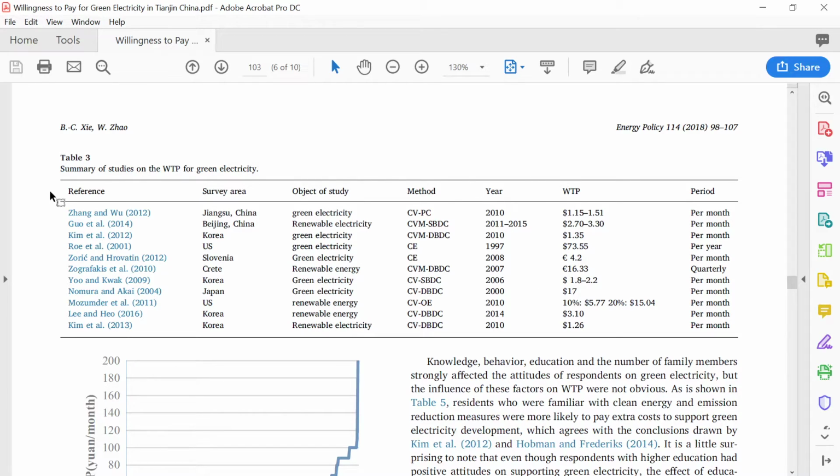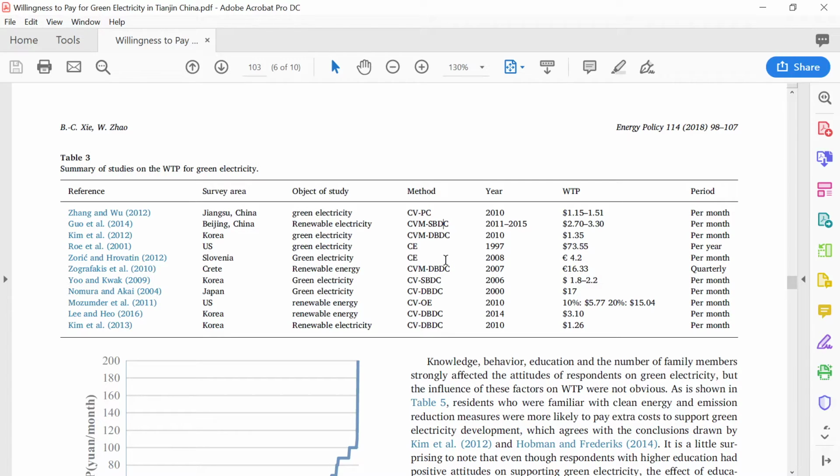So you can see here, we've got a range of different values from other similar studies. They occur at different time frames. Some go back, it looks like, as early as 2001. Some are more recent. They use slightly different methods. For example, this looks like a contingent valuation using a payment card.